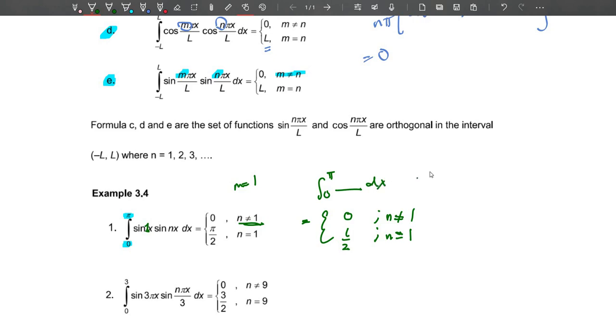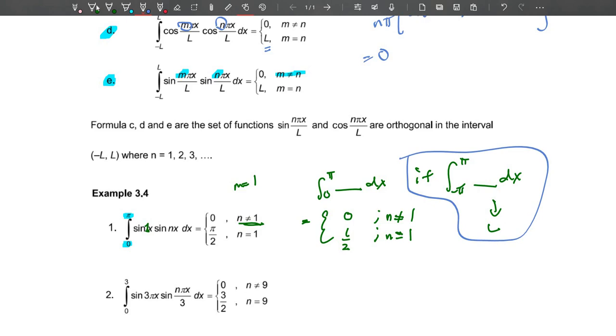If we integrate from negative pi to pi dx, that means we can use L. For now we have from 0 to pi, that's why here should be L over 2, which is pi over 2. That's for example 1.